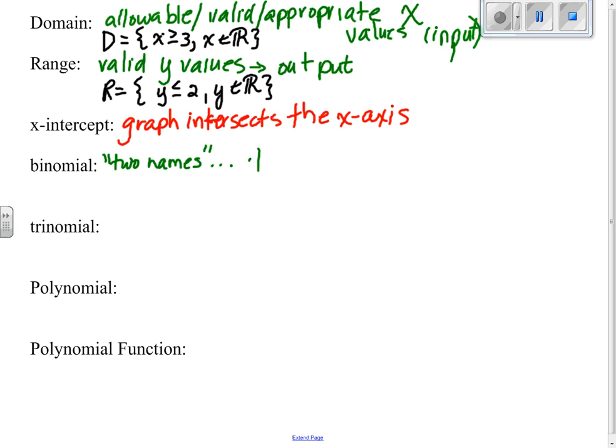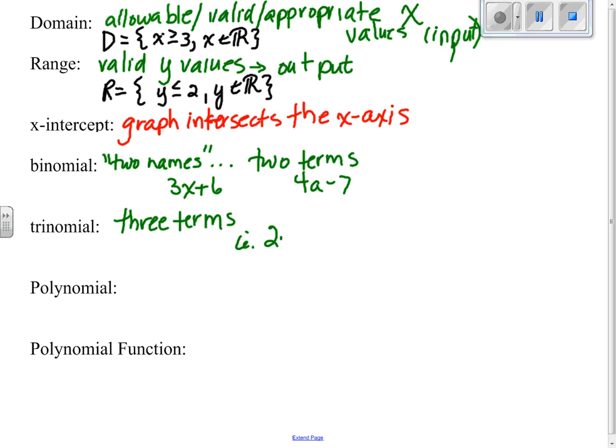We mean two terms. So a binomial could be something like 3x plus 6 or 4a minus 7, which would be good examples of binomials. A trinomial is 3 terms. And we worked with trinomials last year when we did quadratics, binomials with lines. A trinomial has 3 terms such as 2x squared plus 6x minus 7.